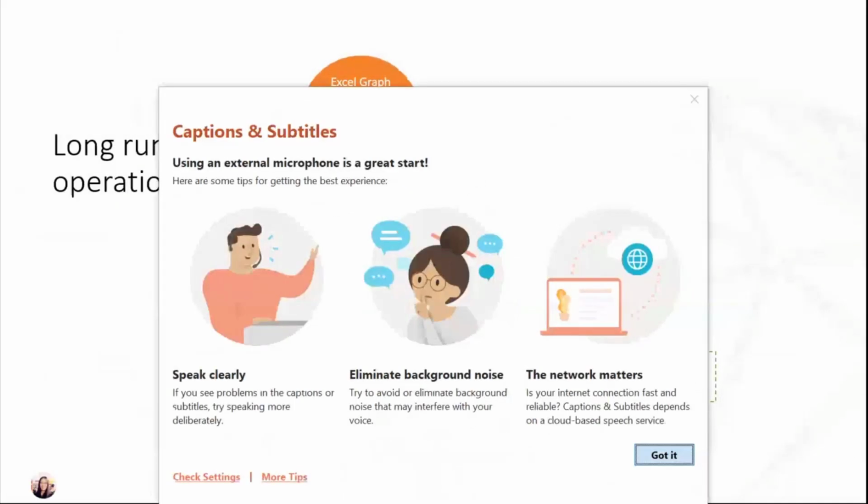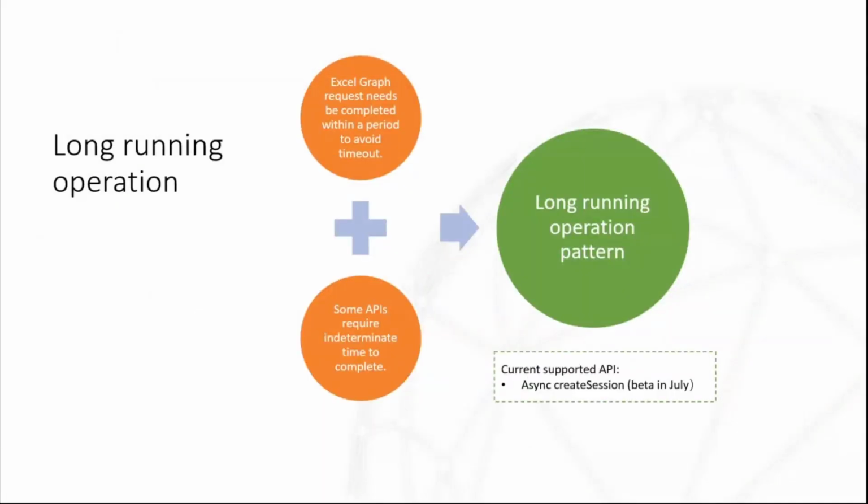For the first update item, long-running operation. Excel REST requests need to be completed within a certain amount of time, otherwise the request will time out and users would see the request failure. However, we noticed some APIs actually require indeterminate time to complete. To solve this issue, we introduced a long-running operation pattern.